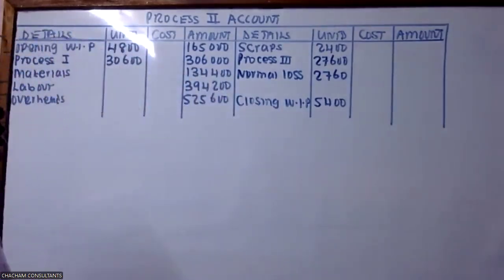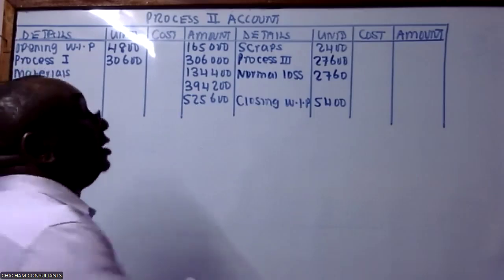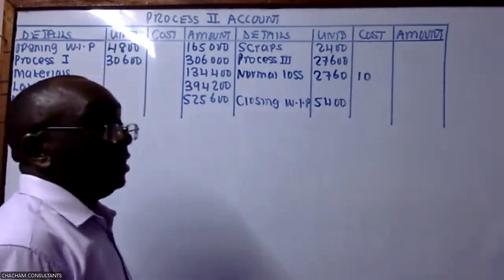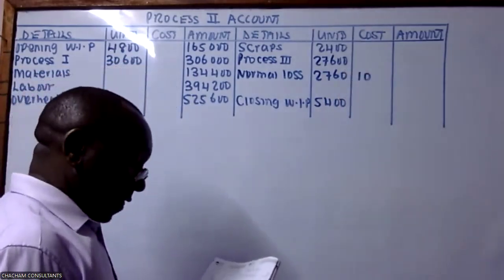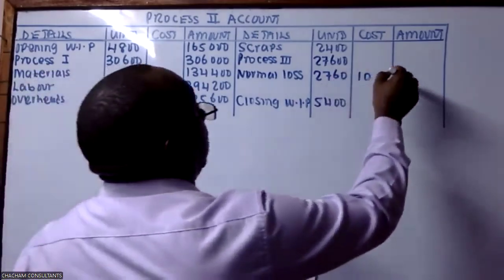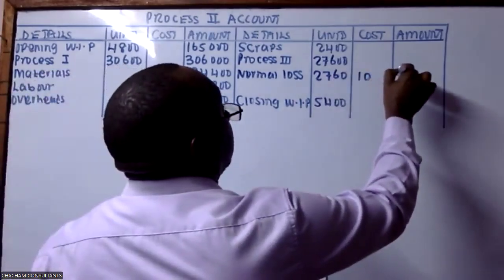We are going to give it to the normal loss. That's where we normally put them in these processes. So if you put them there, 10, it will be 27,600.